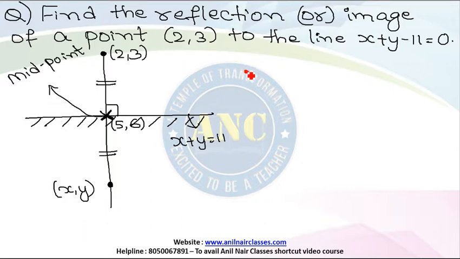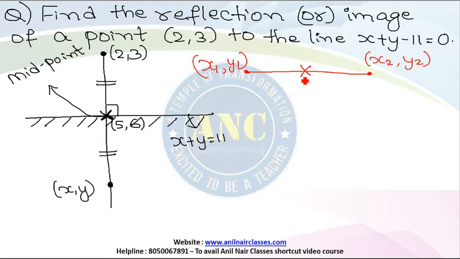That means, if there are 2 points, the first point is x1 comma y1, the second point is x2 comma y2, and this will act as my midpoint. The midpoint is given by, we already had the proof also, x1 plus x2 by 2 comma y1 plus y2 by 2.